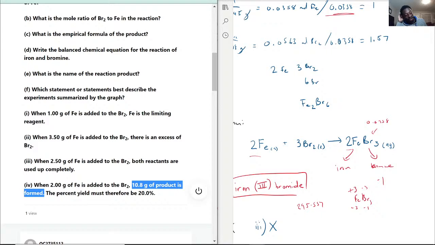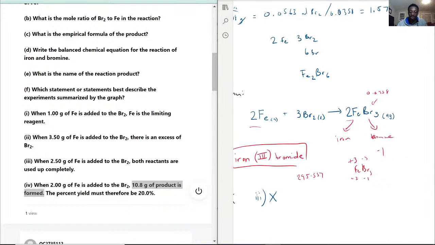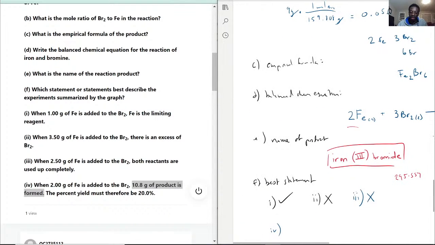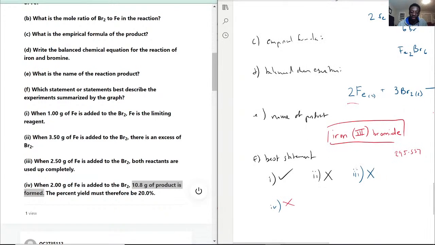So the percent yield would actually not be 20%. Since 10.58 is the theoretical, we take 10.8 divided by the 10.58, and our percent yield is 102%, which is not correct either for number 4. So the only best statement here would still just be the first one.